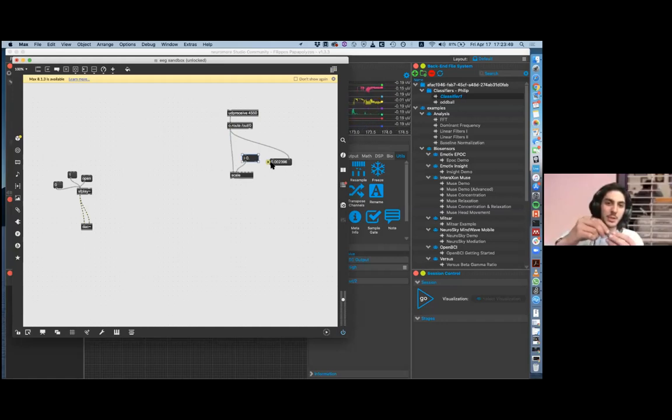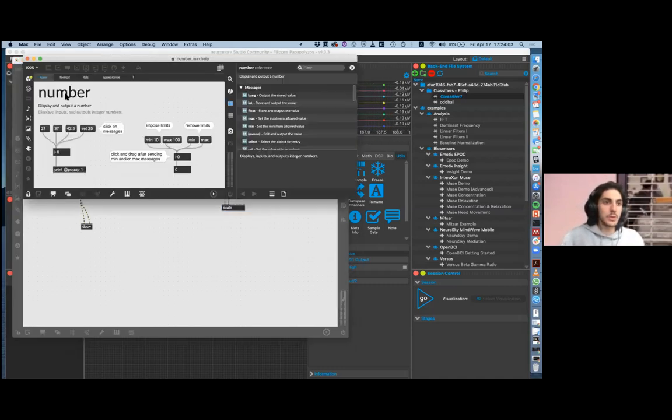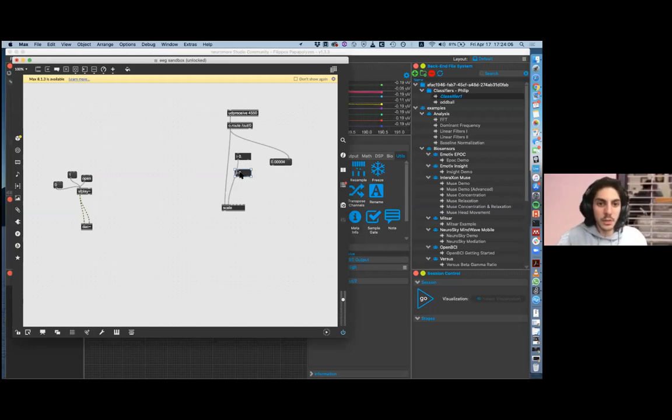You see that it goes up. The signal value goes up. So the range is 0 to 1. Low input value is going to be 0. High input value is going to be 1. And then let's say I want to scale this from 0 to 10 in order to control some parameter.